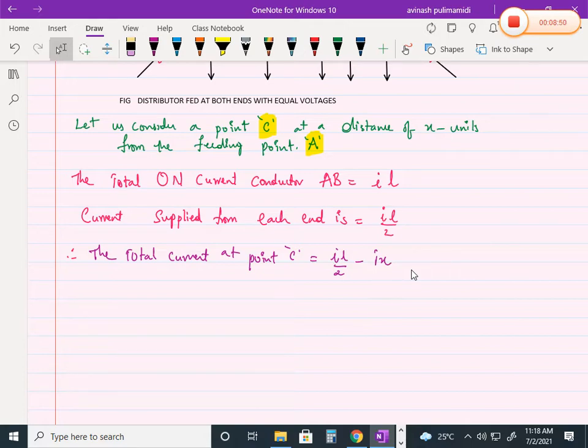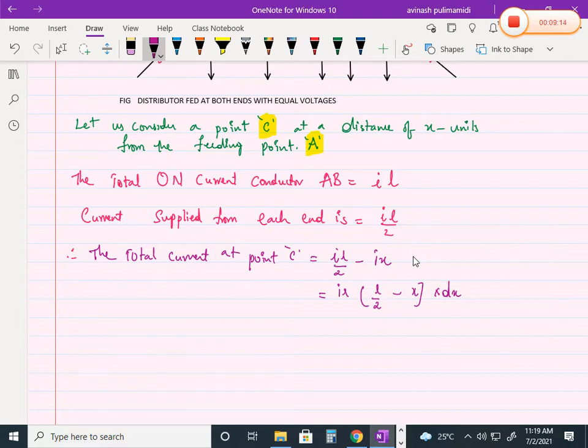That can also be written as I into (l by 2 minus x). We have taken this for a small length dx, so that will also be the multiplier.